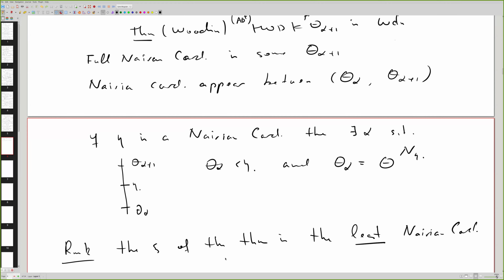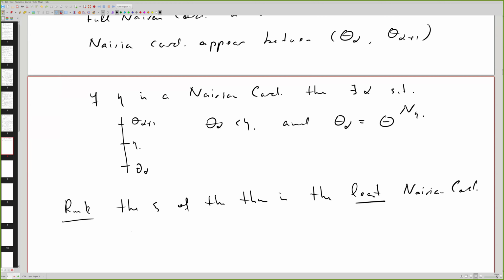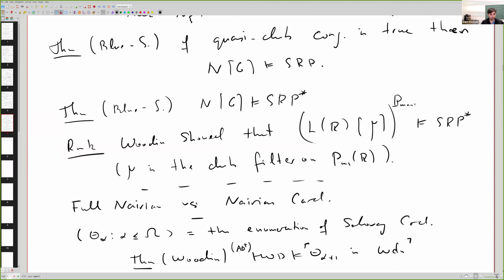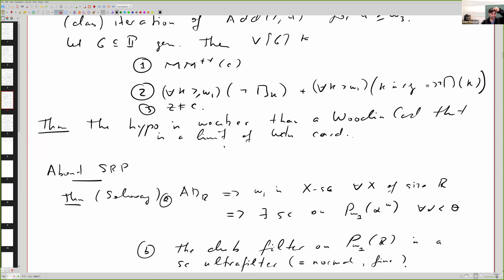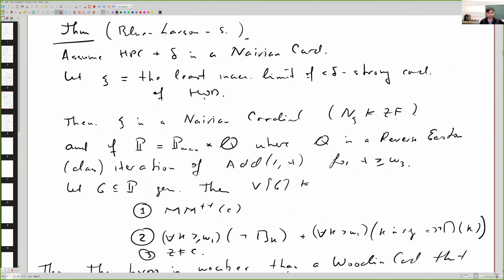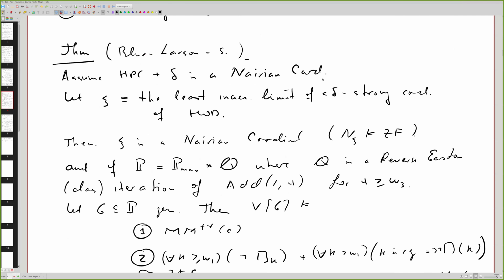The assumption was that this psi was... So we started with any Nairian cardinal, and we take the least inaccessible limit of less than delta strong cardinals of phi.